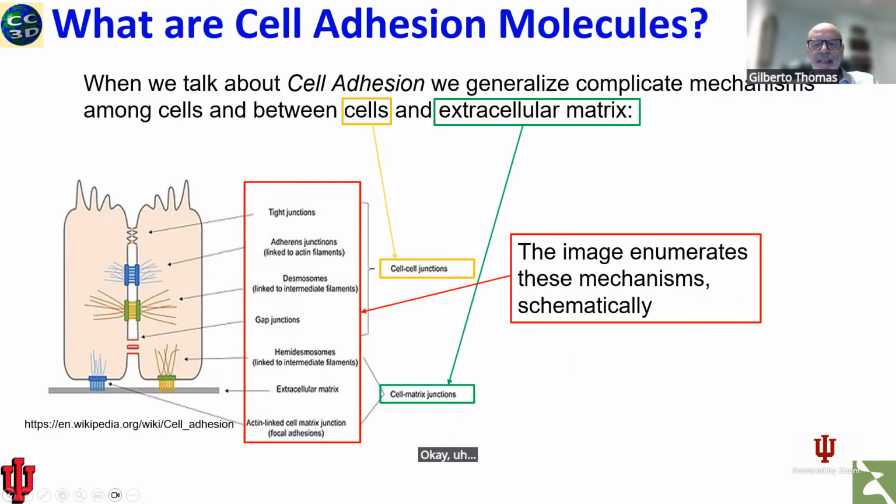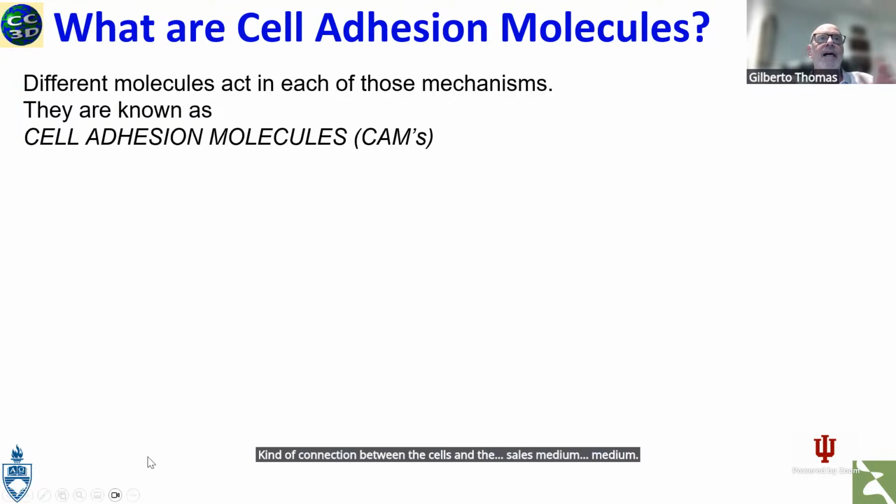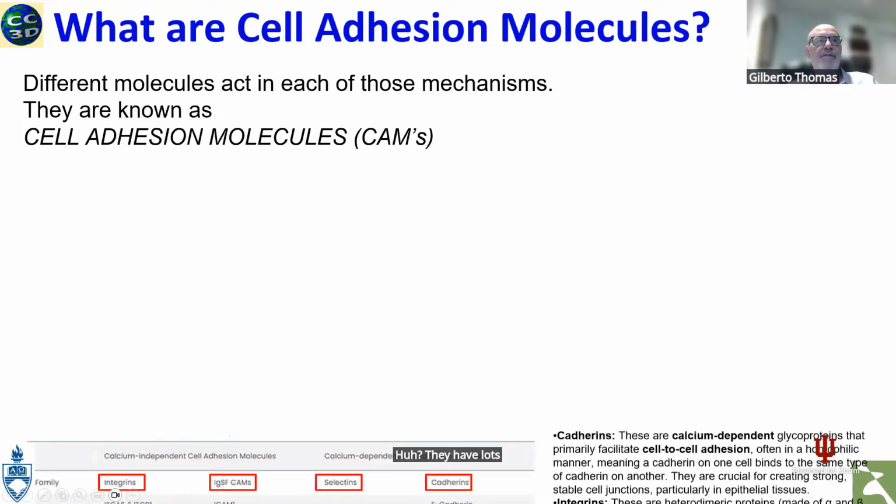Then each one of these kinds of connection between the cells, and the cells and the medium, are mediated by cell adhesion molecules, which we will abbreviate as CAMs. They have lots of families for that.